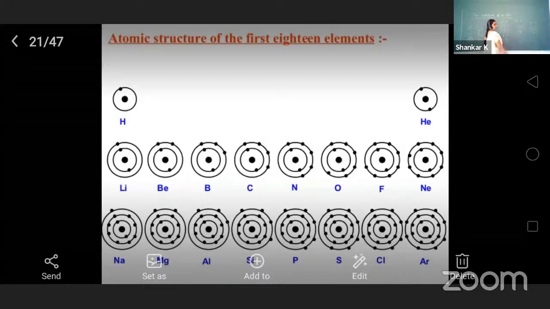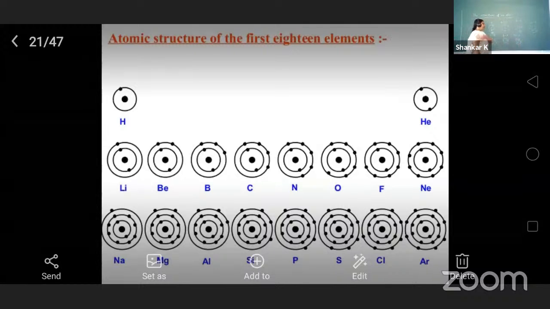Then next, which element has atomic number 10? Neon. Neon has 10. So in the first orbit I enter 2 electrons, and in the second orbit 8 electrons. 8 is the limit of the second orbit.